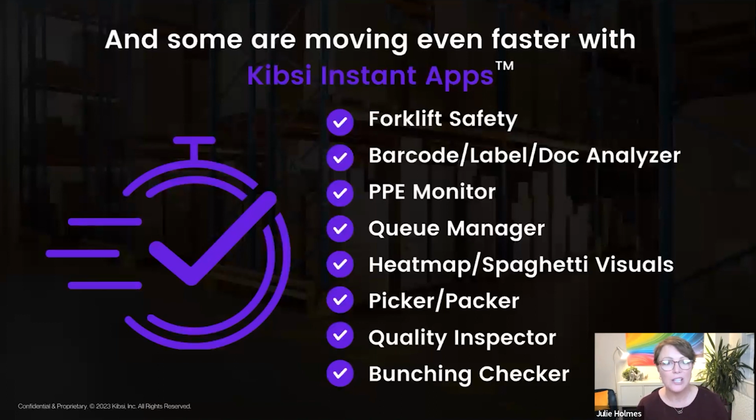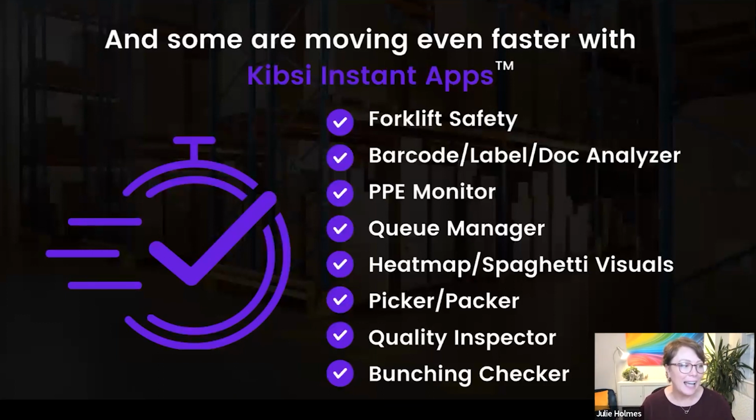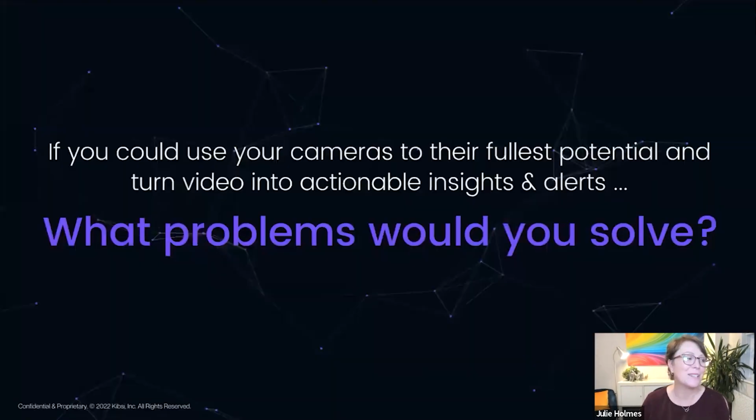We know what kinds of safety issues people are looking for. You answer a few questions, and boom, you've got a forklift safety monitor app. These types of instant apps are things that we already have in place and that we can work with organizations to get up and running very quickly. So there's ways to get your Kibsi CV project happening even faster with instant apps.